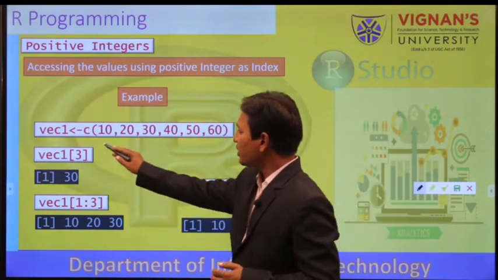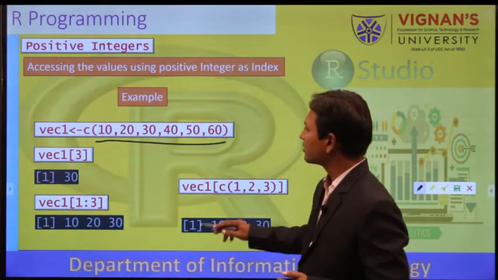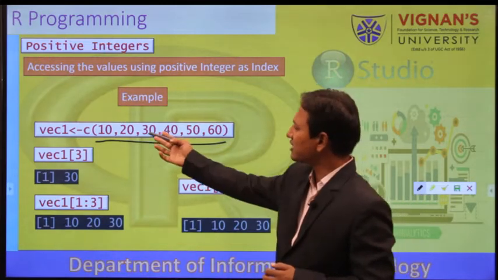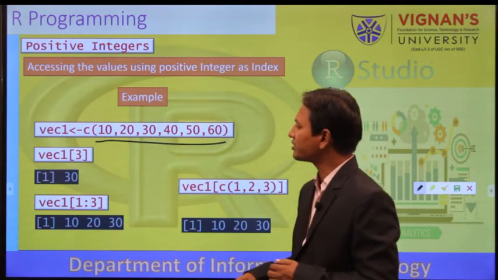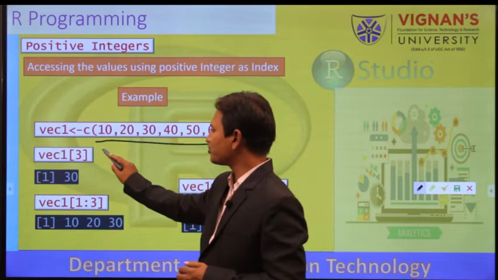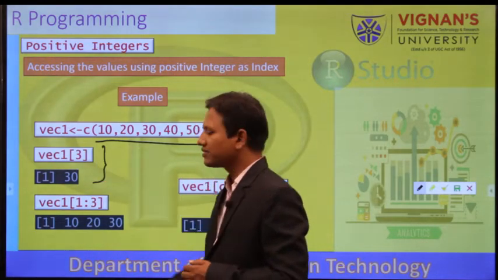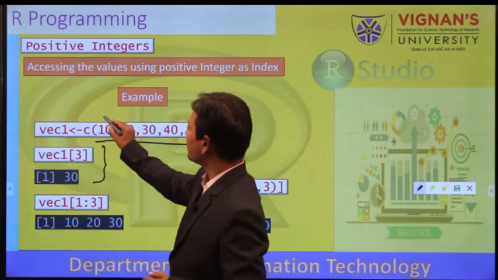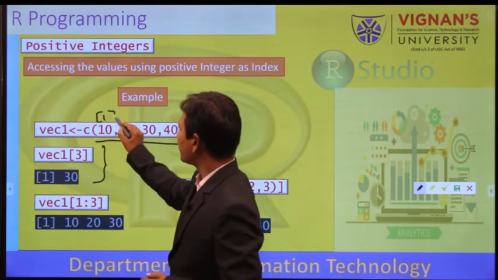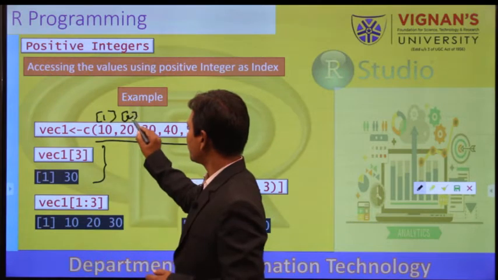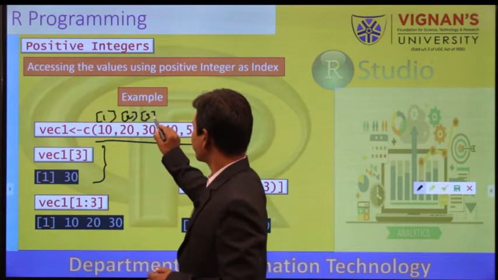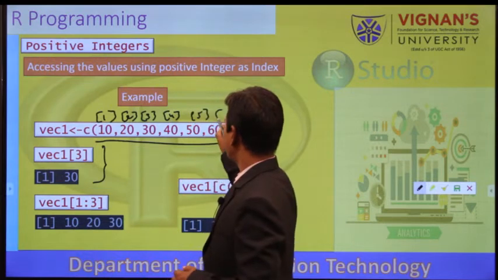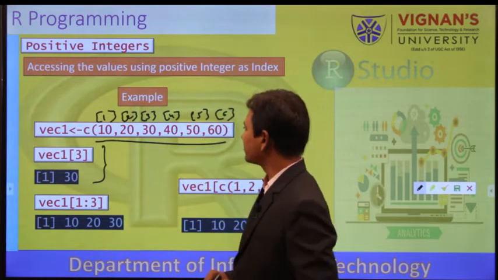Let's see that, okay, we have created a vector with 3 plus 3, 6 values, and this is the syntax of how we are going to create the vector. And this is an example to select the third index, that is this one. So the indexing is going to be like this. Here it's going to be 1, here it is going to be 2 and 3, 4, 5, 6.